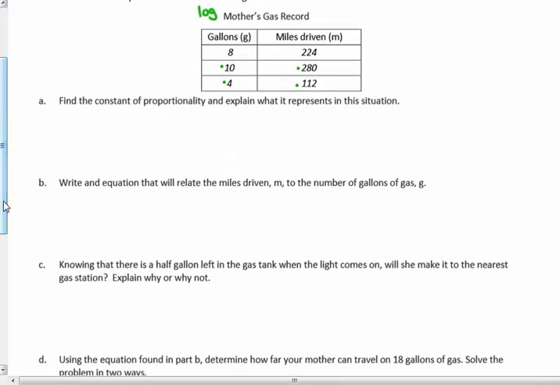Find the constant of proportionality. Well, the miles that you drive depends on how much gas you have. The y variable is also called the dependent variable. We're going to learn that in this lesson. The x variable, the gallons of gas, that goes on the x. That's called the independent variable.